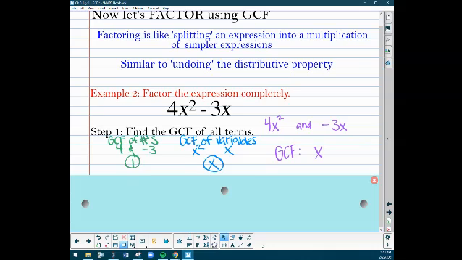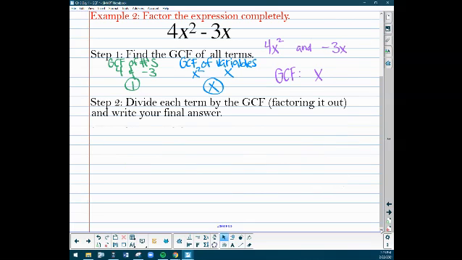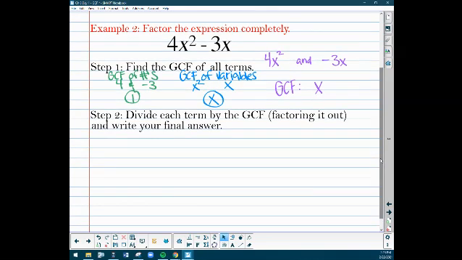All right, but that's not it. That's not what I want to write. I don't just want to write x. Okay, when it says factor, I want to do a little bit more. So what I need to do is I need to divide each term by the GCF. This is the language I'm going to use where I say factor it out. Write your final answer, okay? So it's going to follow this format where we have the GCF, and then in parentheses, we have whatever is left after I divide each piece.